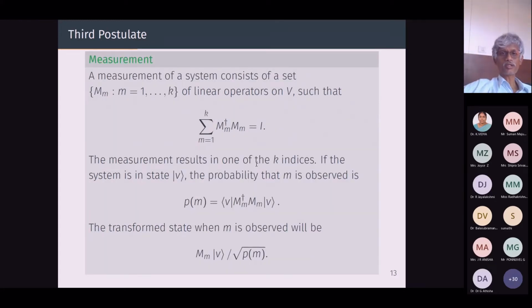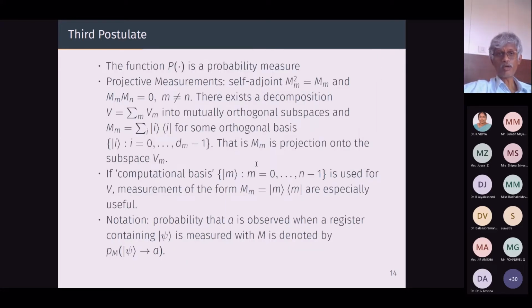So the third postulate is regarding measurement. I'll just skip this slide because it's not too relevant to our later discussions. The measurement system consists of linear operators M_m such that the summation over m equal to 1 to k of M_m dagger M_m equals identity. There is something called projective measurements, and the second bullet alone is sufficient for us. These are self-adjoint, in the sense that M_m composed with itself is M_m, and M_m composed with M_n equals 0 for m not equal to n.